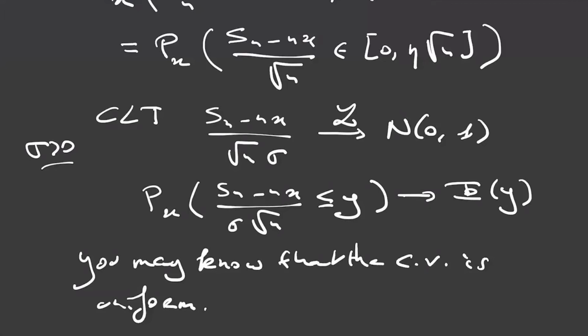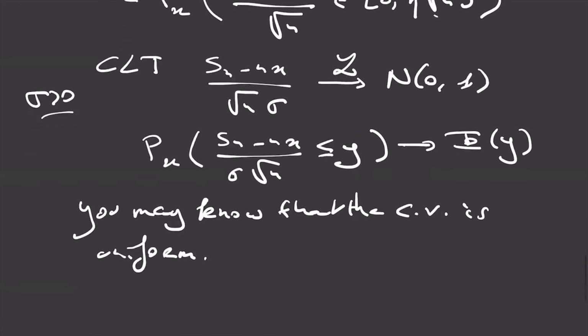Okay. So if you accept that, this means that you can do some things that you are not allowed to do if the convergence is not uniform, but if it is uniform, you can do it. You can plug a value of y which depends on n, that is eta times the square root of n, and make n tend to infinity.